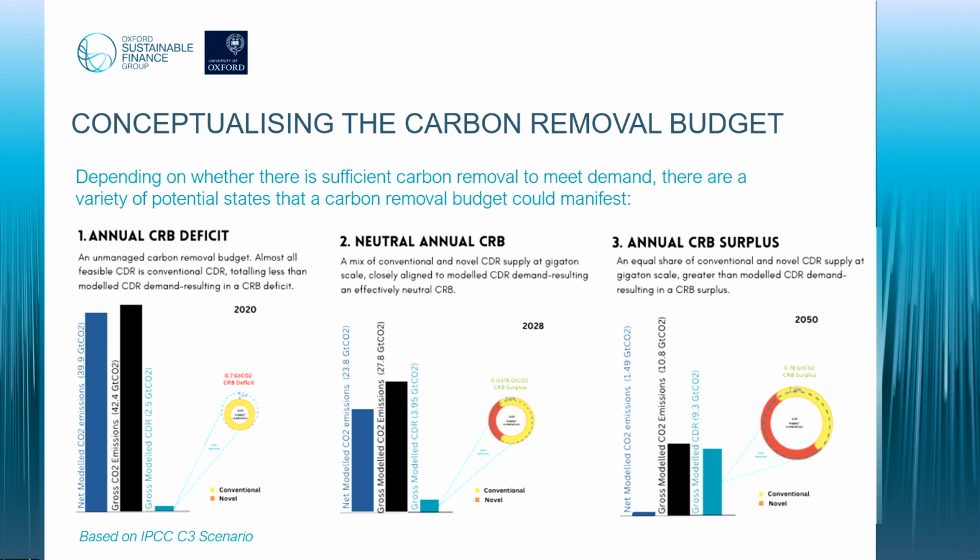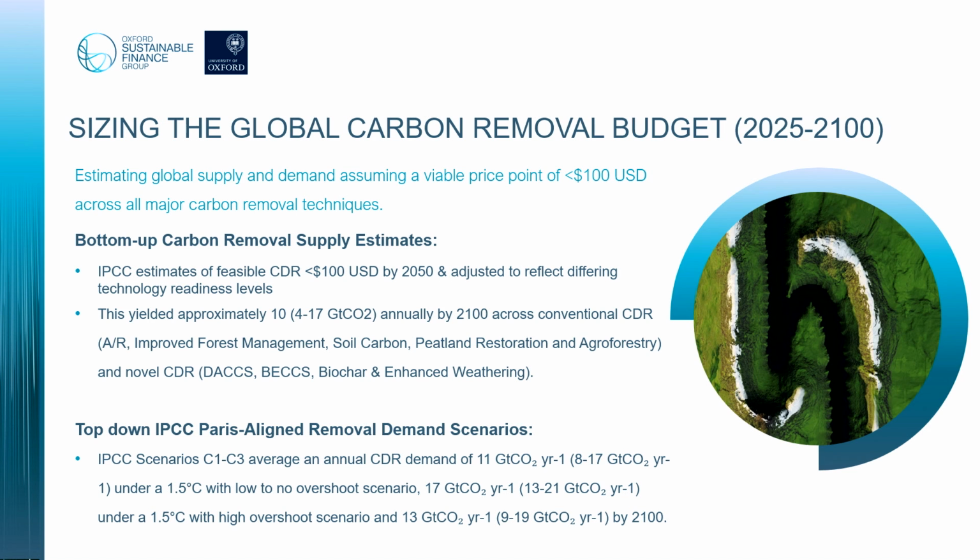But equally, if you have an annual carbon removal budget surplus, you're actually starting to contribute again, further mitigation and help ultimately shift to a state of net negative as opposed to just net zero. But these different states, in broad terms, are important to kind of understand because, again, this can help signal where an actor is in terms of their ambition and also their delivery on their ambitions.